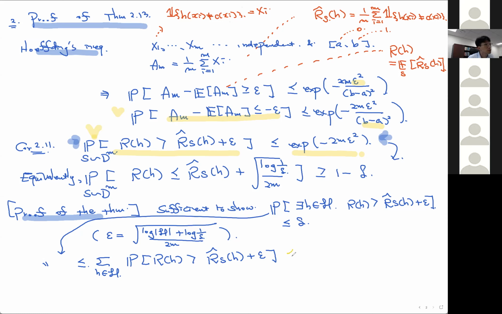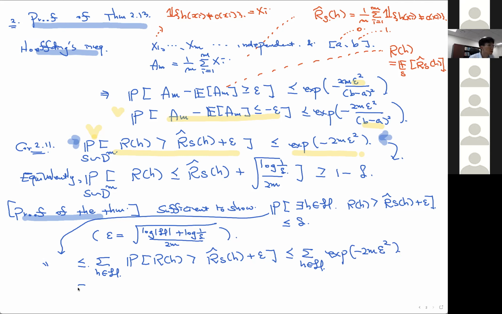It's going to be bounded by the summation over h in H of the exponentiation of minus 2m epsilon squared.